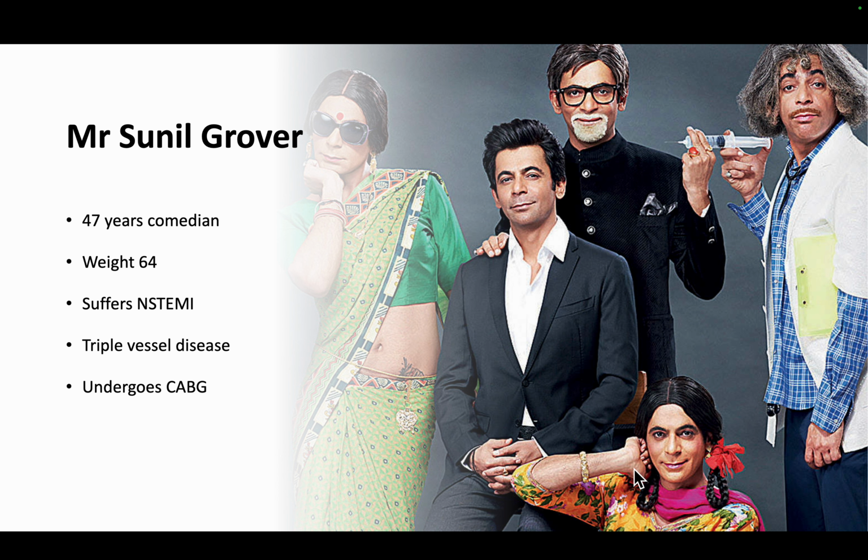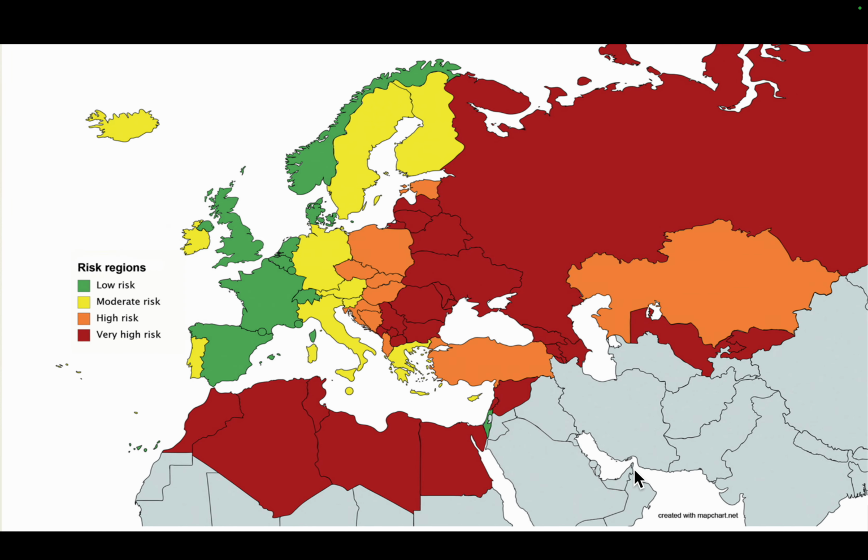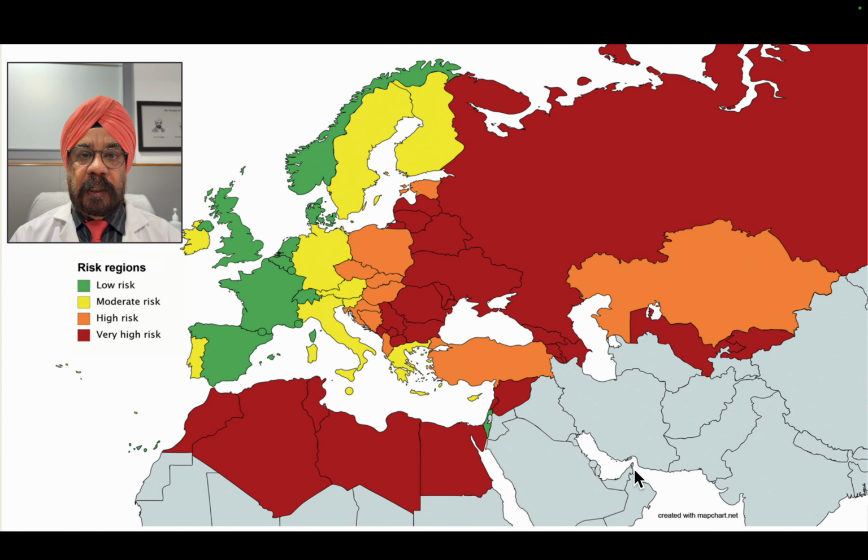That means we are at a very high risk of developing coronary artery disease in India. Based on European guidelines, Europe is divided into four parts: low risk areas, moderate risk areas, high risk areas and very high risk areas.